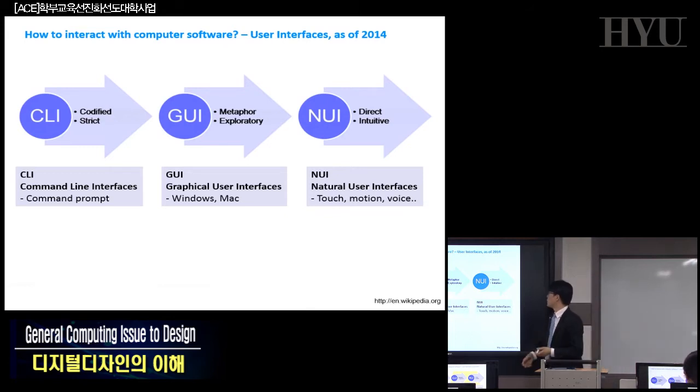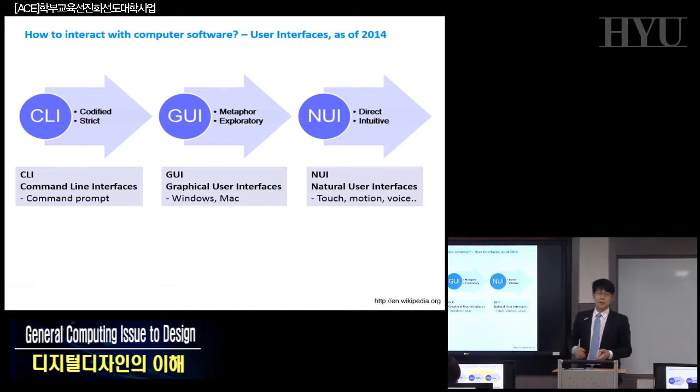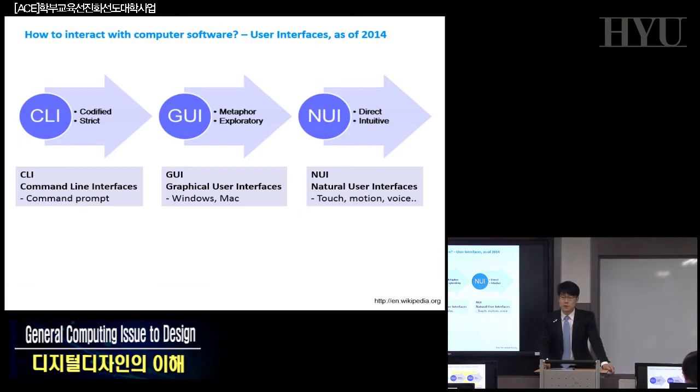Nowadays, you probably use this interface more than GUI because you are using tablets and smartphones, using your touch screen, and sometimes you use some voice recognition tool, such as Siri on your iPhone. Your iPhone or your computer can recognize what you are saying.